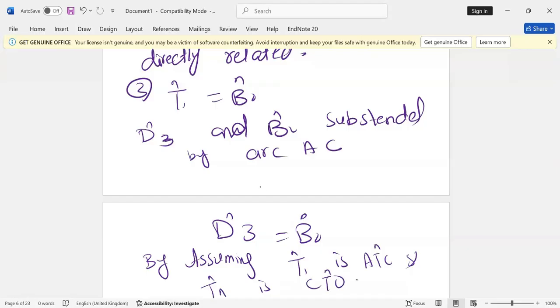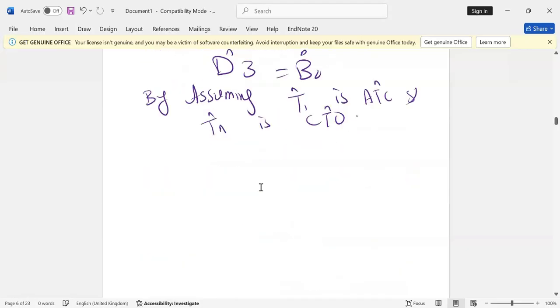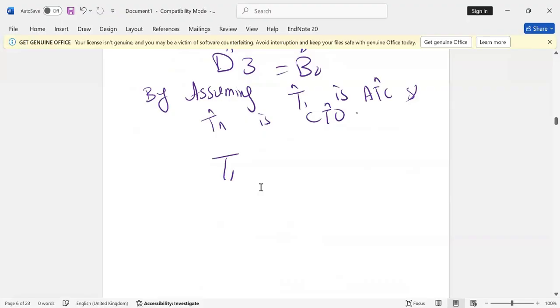So we can say that T1 equals D3, all right? So the exterior angle of the cyclic quadrilateral TCB, all right?